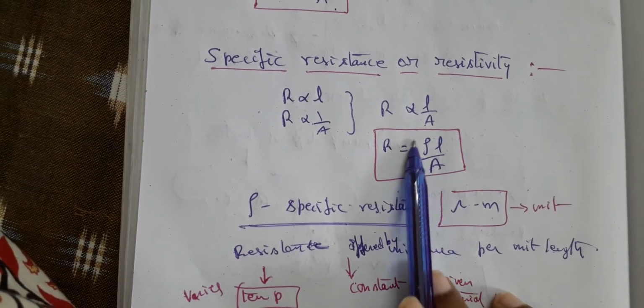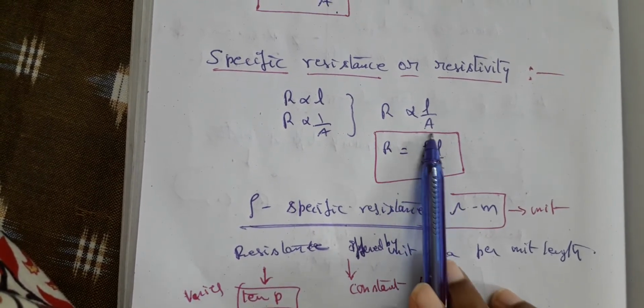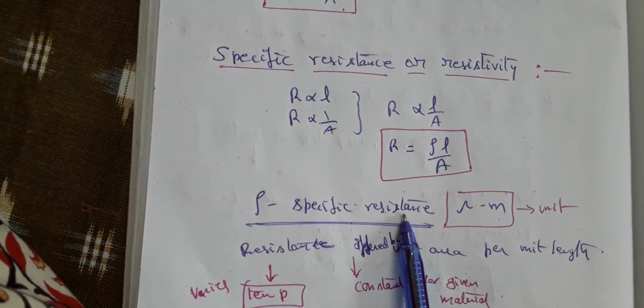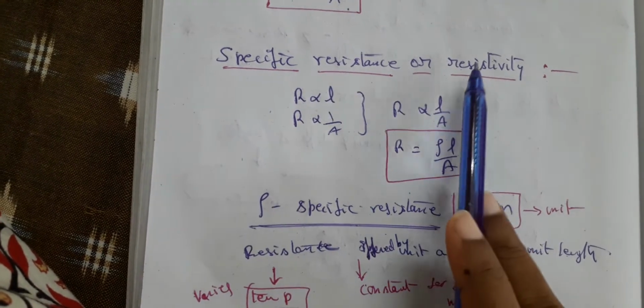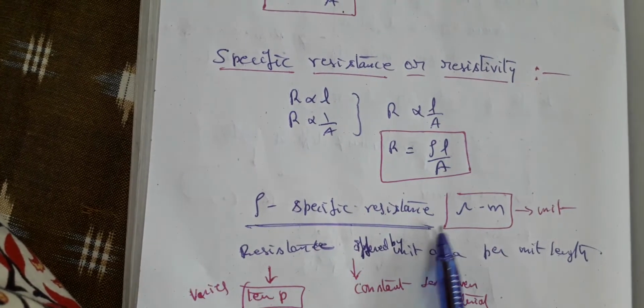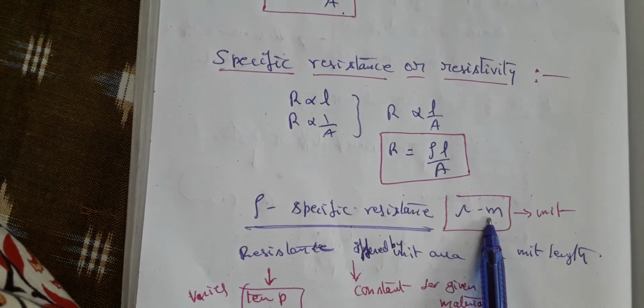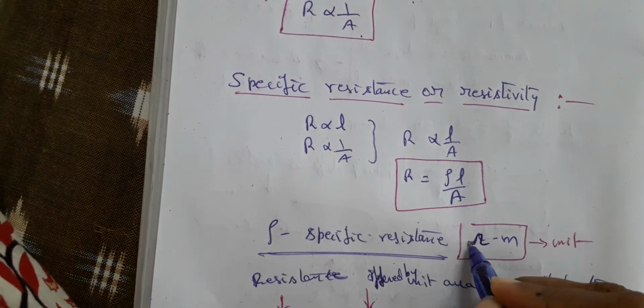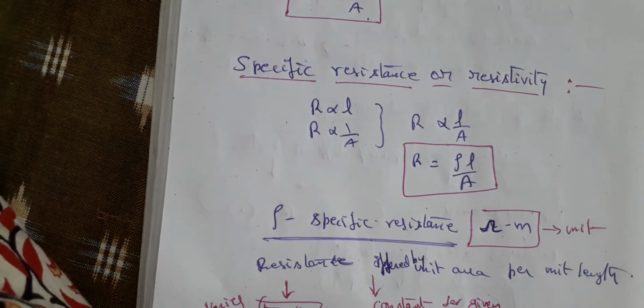This is the constant of proportionality, called specific resistance or resistivity, and its unit is ohm meter. Ohm symbol is almost like a hat. Ohm meter is the unit.